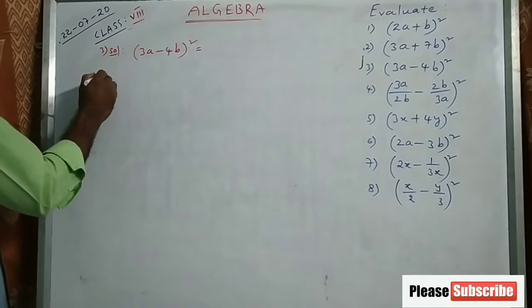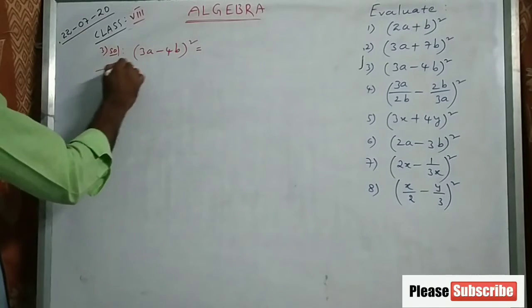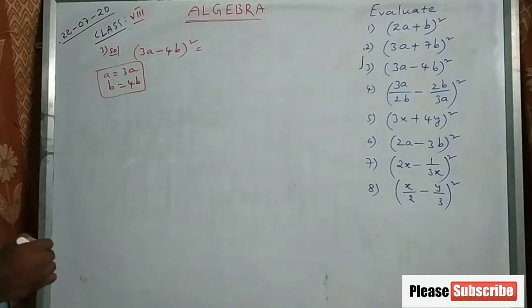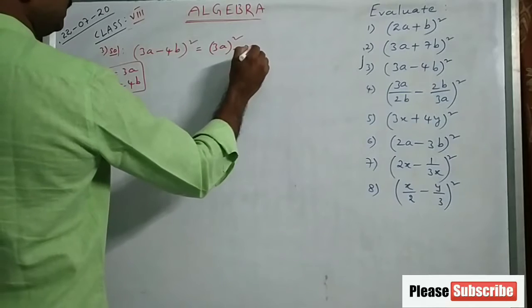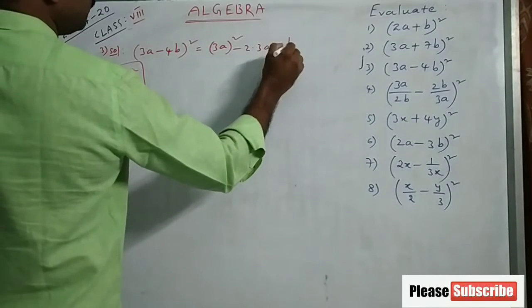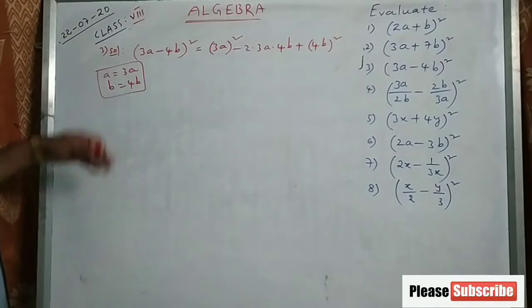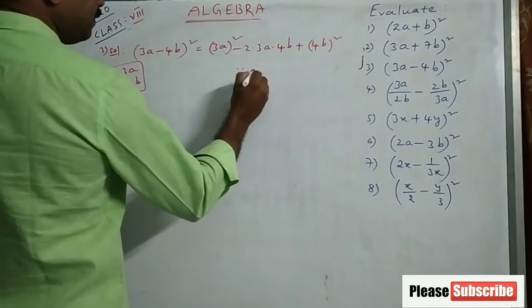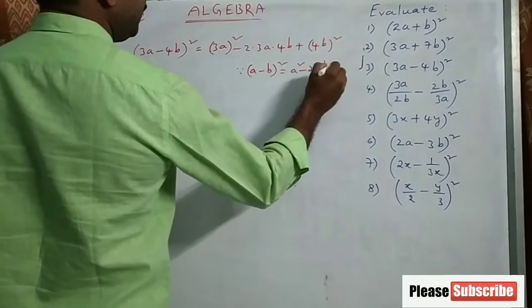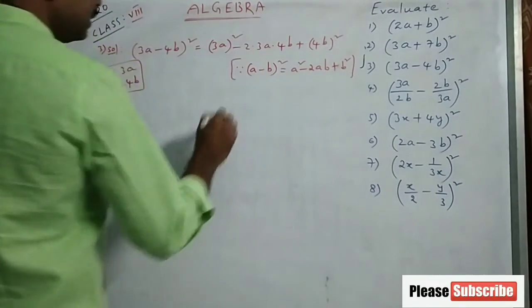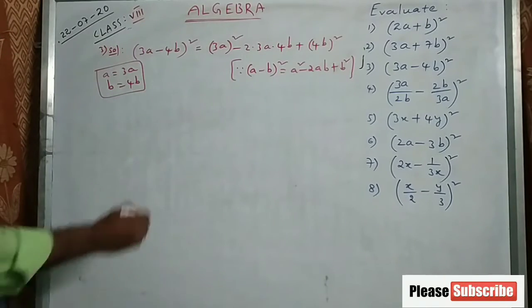It looks like (a minus b) whole square, where a value is 3a and b value is 4b, right? So a square, (3a) whole square, minus 2ab, 2 into 3a into 4b, plus b square. B value how much? 4b. So (4b) whole square. What is the formula of (a minus b) whole square? a square minus 2ab plus b square. Is that clear?